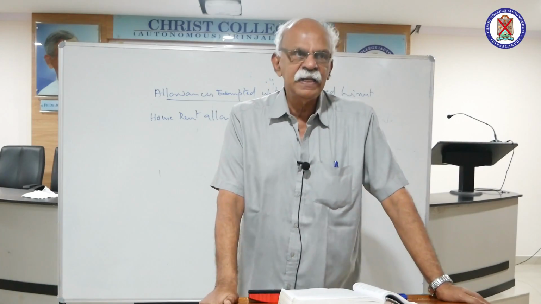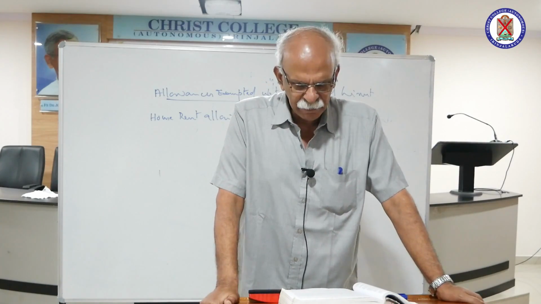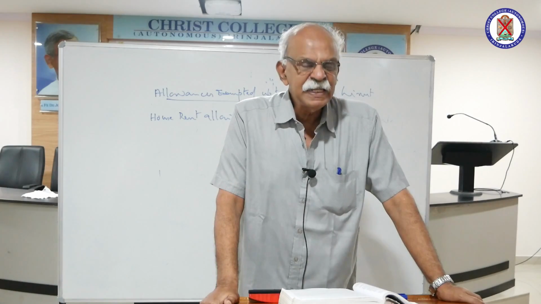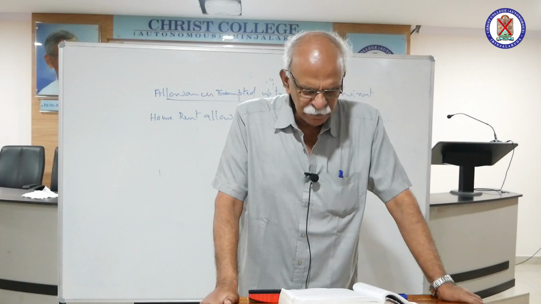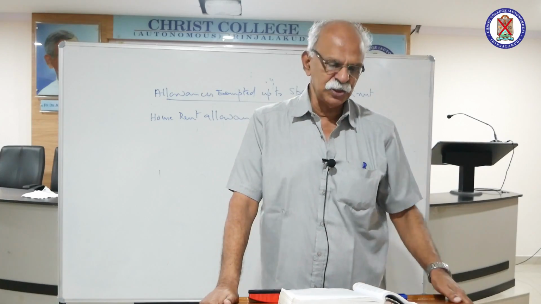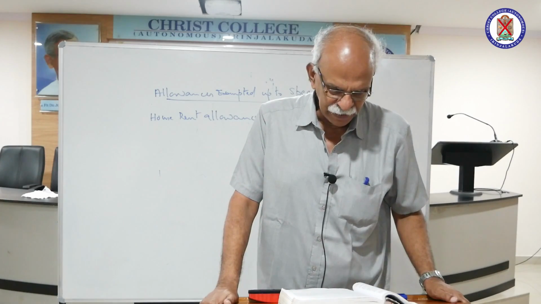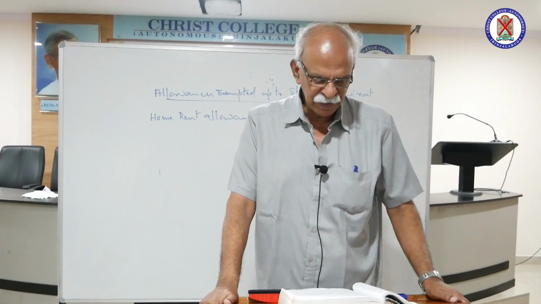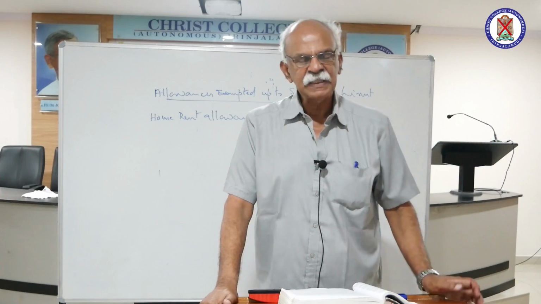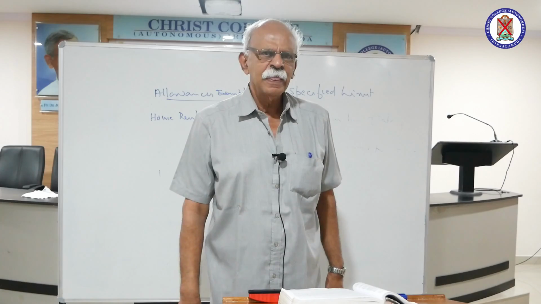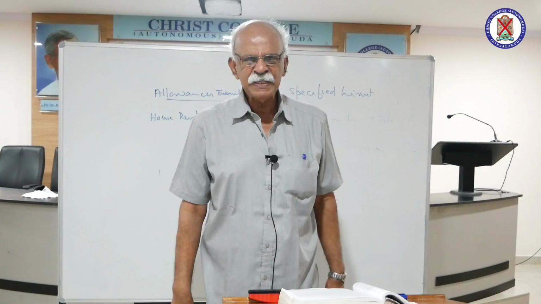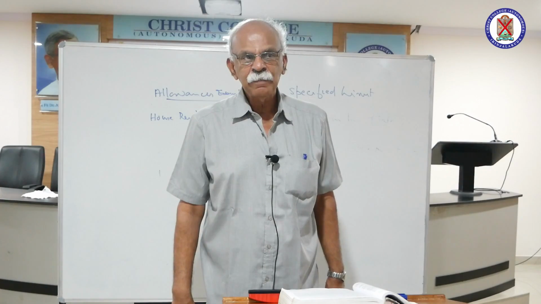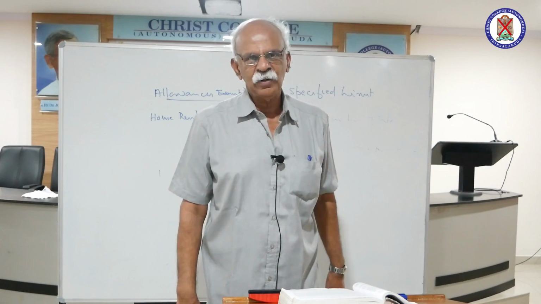Allowance given by the employer to the employee to meet the expenditure incurred in connection with payment of rent in respect of residential accommodation occupied by him is exempt from tax to a certain extent. That is, HRA is given by the employer to the employee to compensate for the high rent prevailing in the locality.